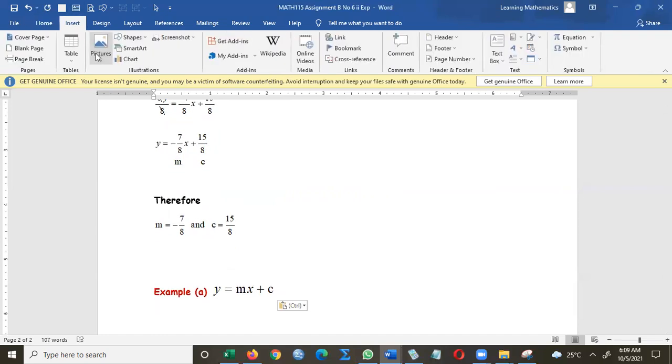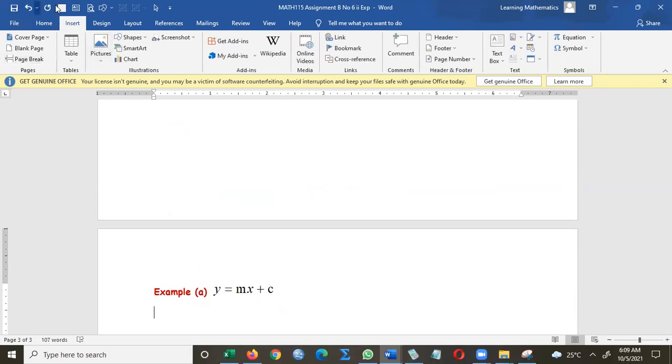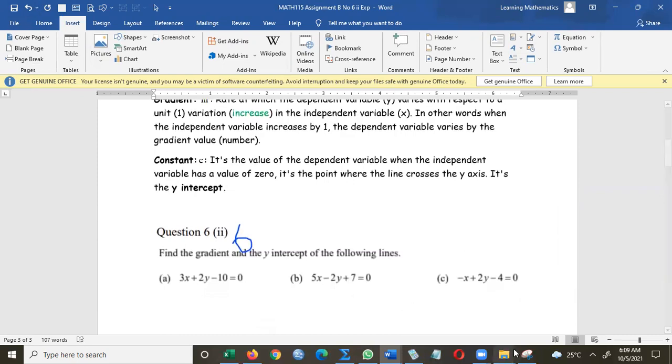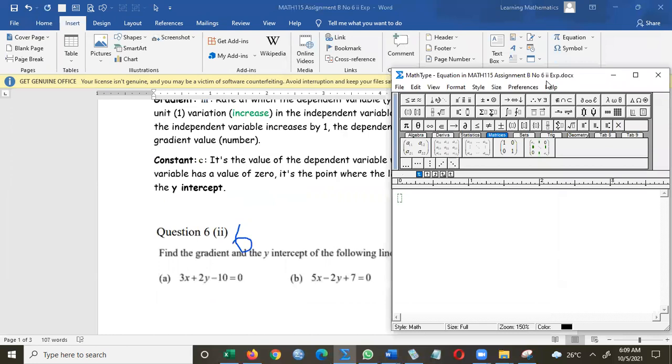Now, in an example like B, you can see there's a slight difference, where the coefficient of y is negative. So let's put an example like this. Let's say you have 11x, take away 3y, plus, let's say, 10 is equal to 0.